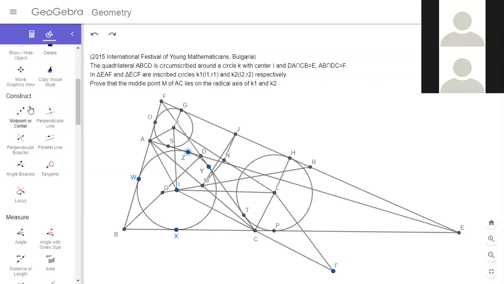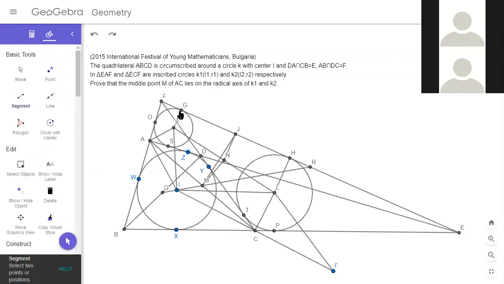NGJ is similar to KIA, because the angle NGJ turned out to be the one we got earlier. Okay. We already know that NJ is perpendicular to GJ. Yeah, so we know this is a right angle.